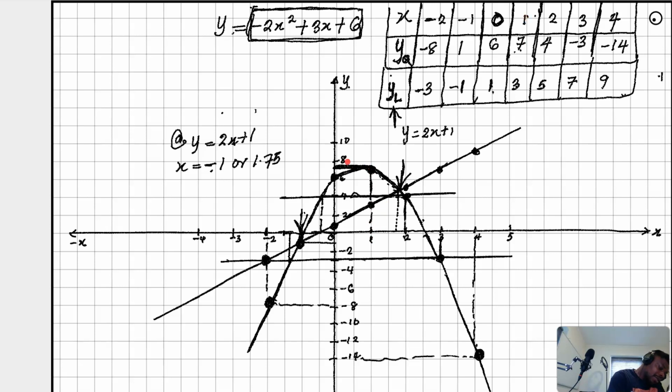So y max is 7 at x equals 1. Remember, it's easy. You just need to look at what you have on your graph.